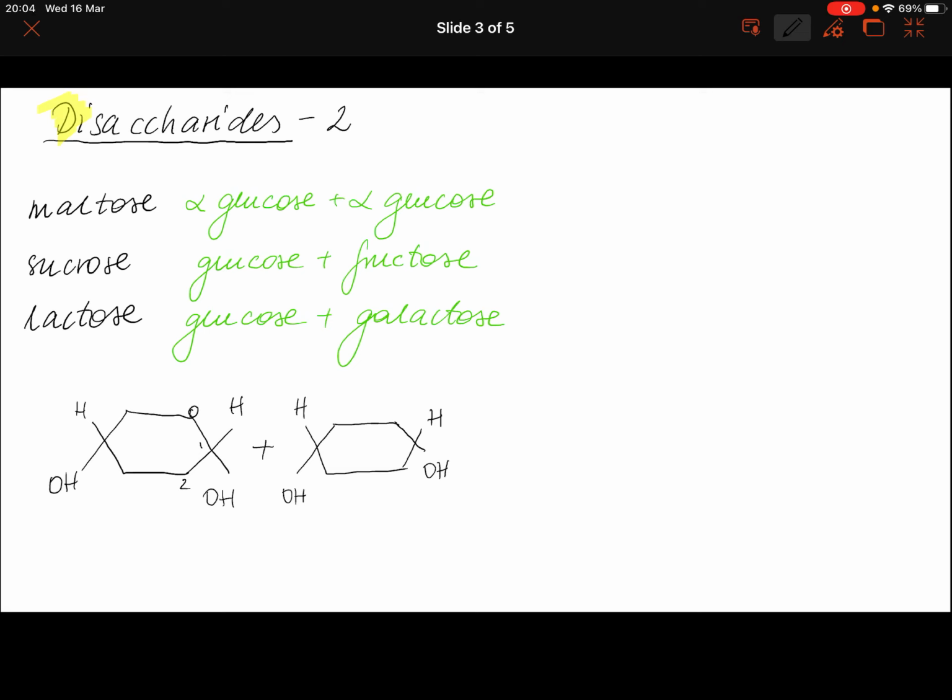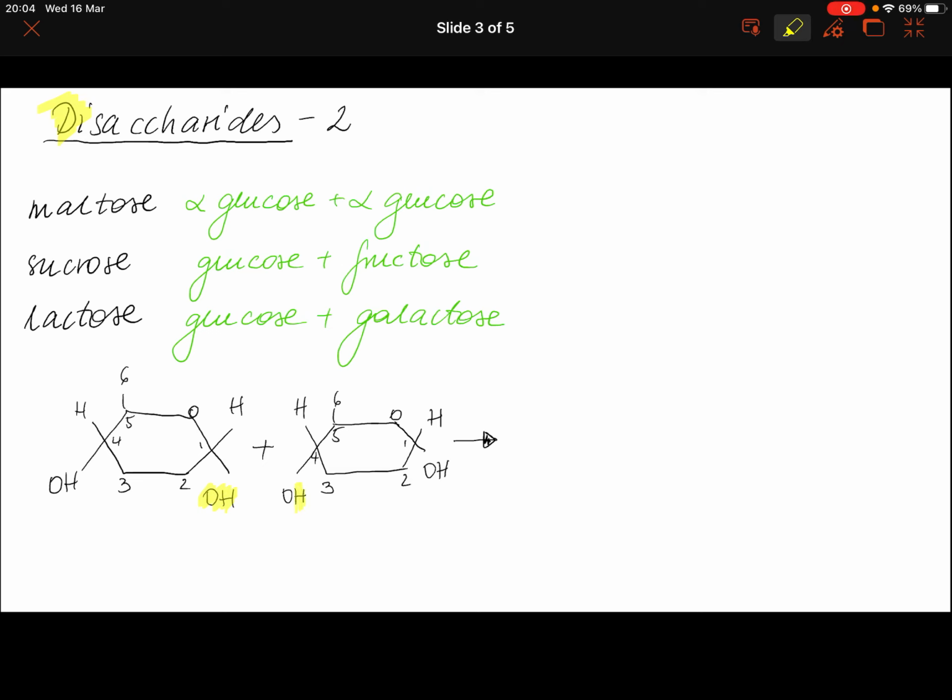Remember, that was oxygen here, carbon number 1, 2, 3, 4, 5, and 6. Oxygen over there, carbon 1, 2, 3, 4, 5, and 6. Condensation reaction is the removal of water, so we want to remove water to form the bond.